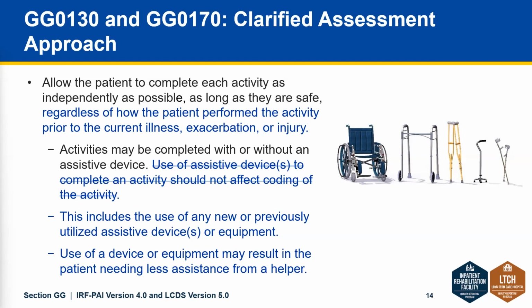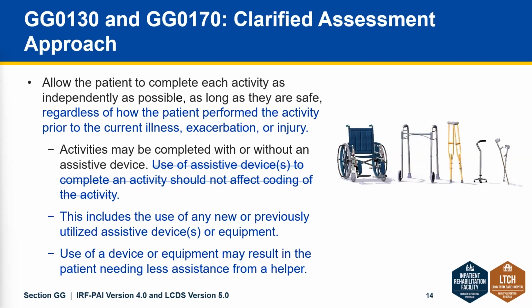For example, if the patient was standing to perform their oral hygiene prior to their current illness, exacerbation, or injury, they would not necessarily have to be able to stand during our assessment to score the item with a performance code. If we allow the patient to complete each activity as independently as possible, as long as they are safe, regardless of how the patient performed the activity previously, then the assessment of the patient performing oral hygiene could be conducted in either sitting or standing.